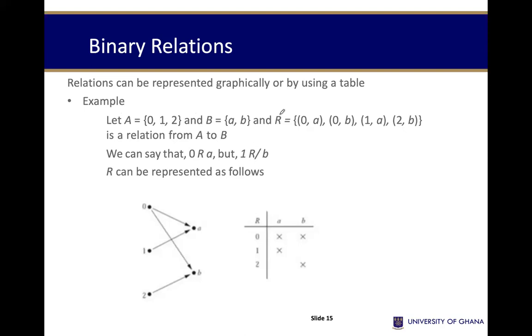Remember, we looked at the drawing for sets. But when you're looking at relation, you see the relation as a form of association. So it doesn't mean that all elements in A should be related to the elements of B. So R will define those that are related. Even in your current class, I will not be able to stand here and say that every lady knows every gentleman in the class.